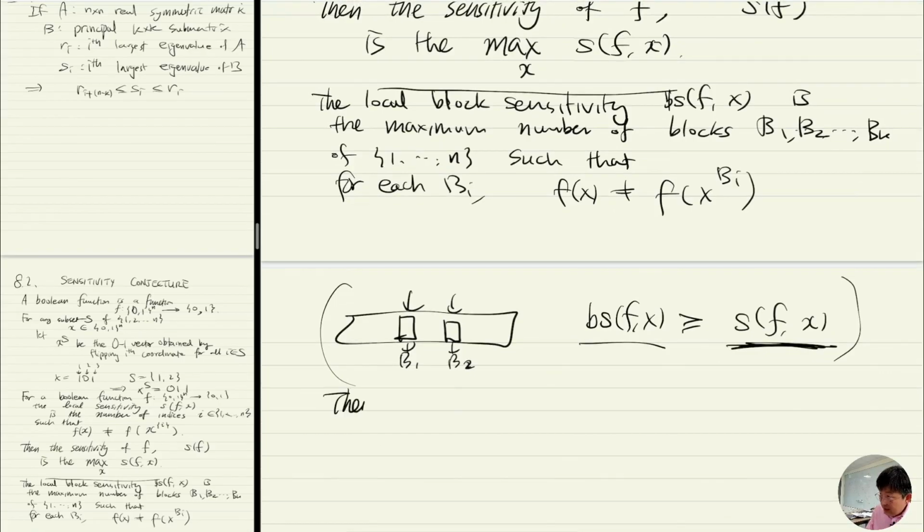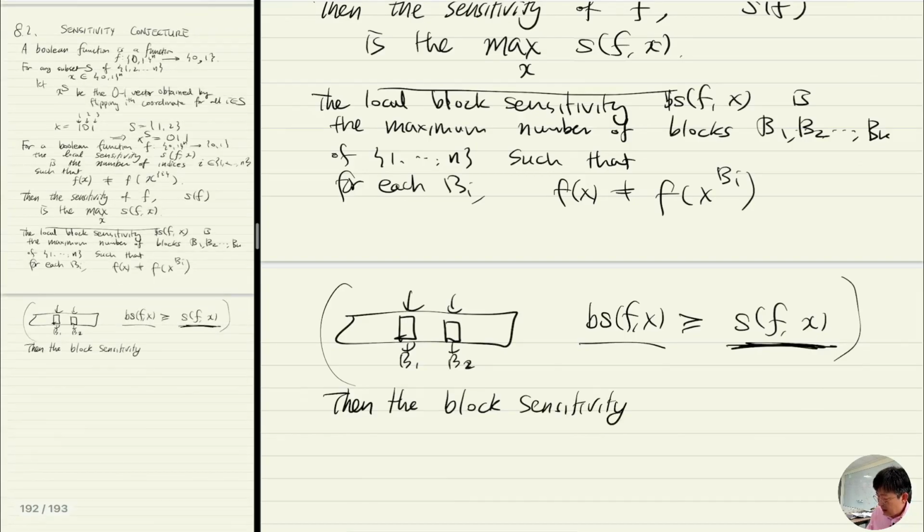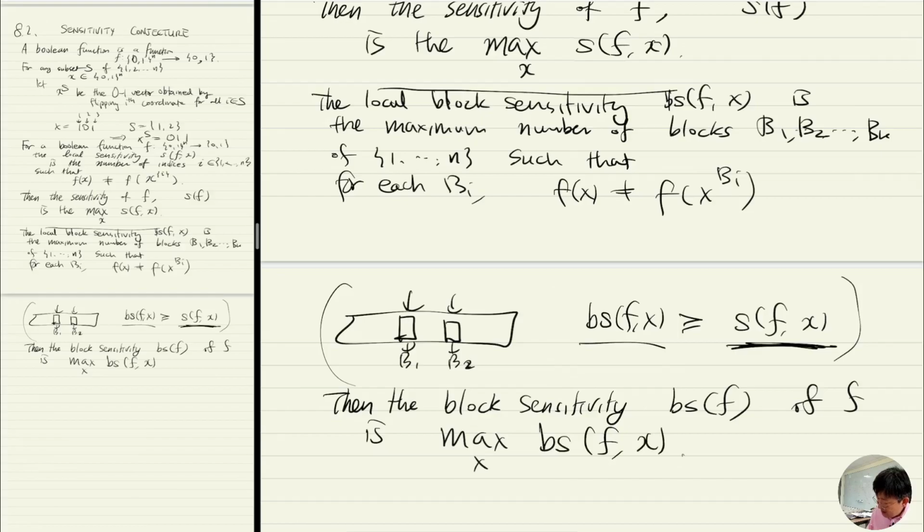And then the block sensitivity bs(f) is, again, the maximum of the local block sensitivity.